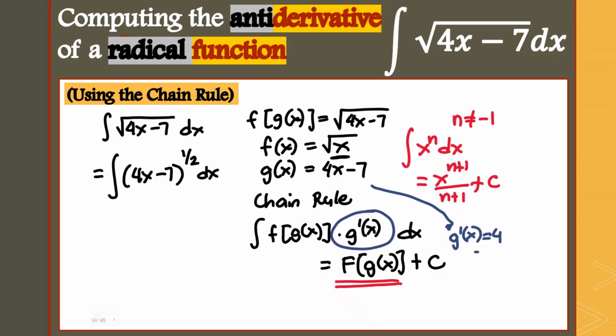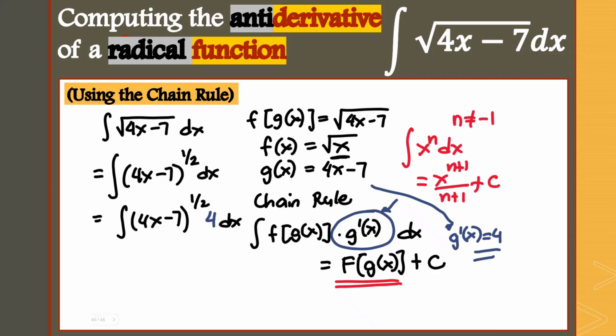Again, the purpose for that is that we need to use this as a factor in order to use the chain rule. Let me do it again. You will have here the integral of your 4x minus 7 raised to the power of 1/2, and you'll be including here your 4 before your dx, so that you can use the chain rule now.